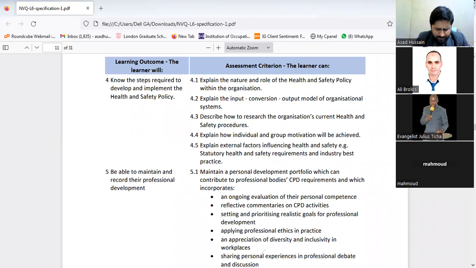Then we have: explain how individual and group motivation will be achieved. You simply have to explain why motivation is needed and important, and what type of motivation you have in your organization.